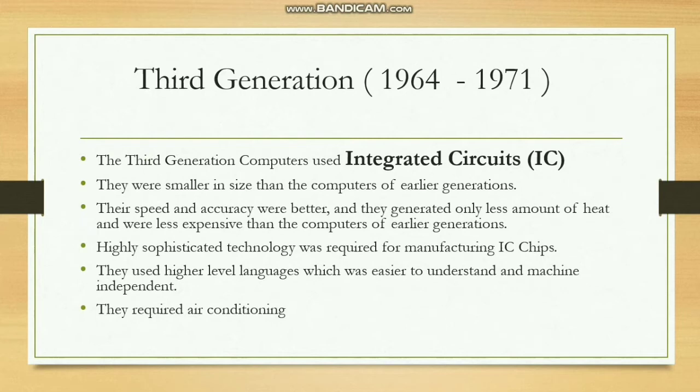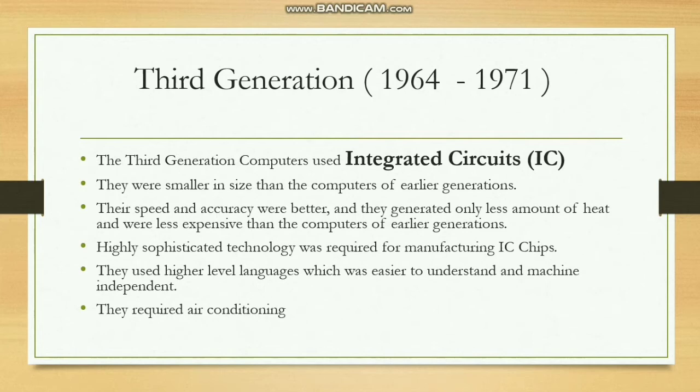Highly sophisticated technology was required for the manufacturing of IC chips. The IC chips could be manufactured only by very advanced technology. They used higher level languages which was easier to understand and machine independent. That means even now the computers were having common language.